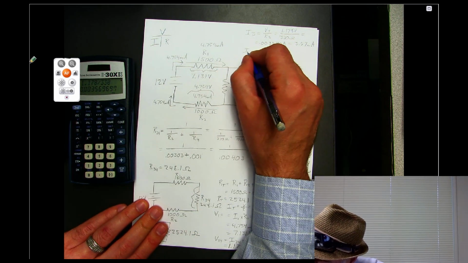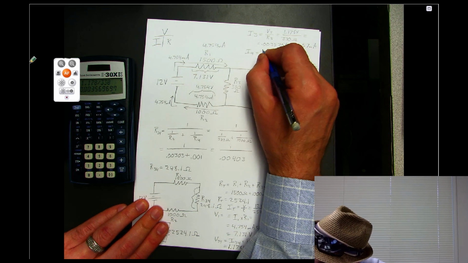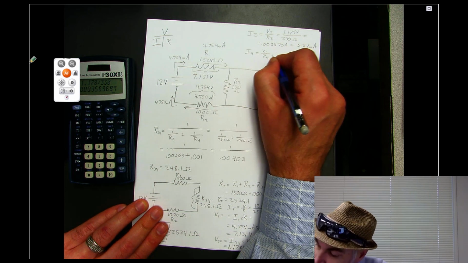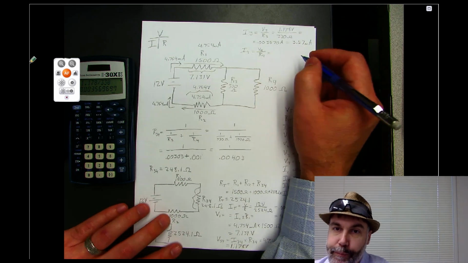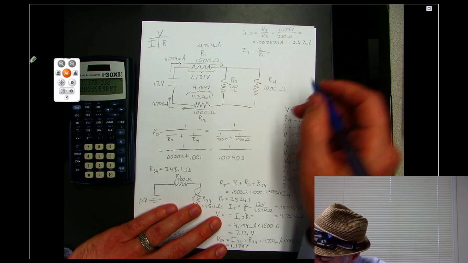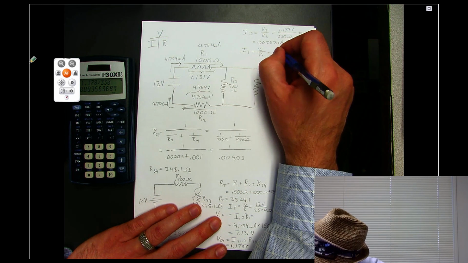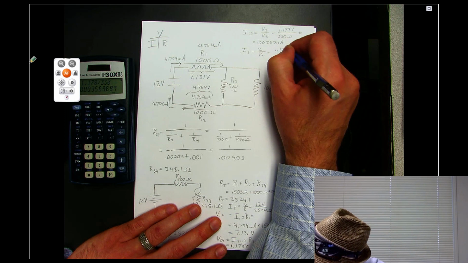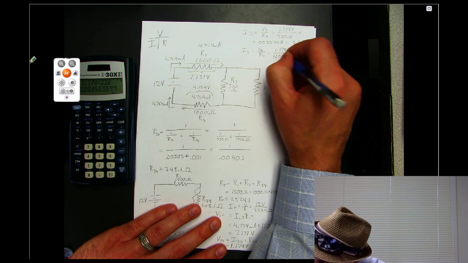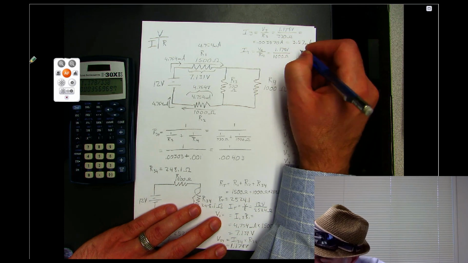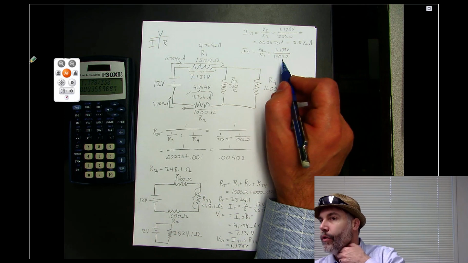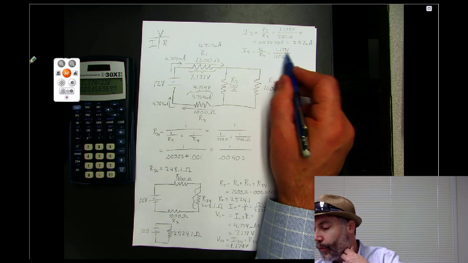So that's I3, and then we can do the same thing for resistor 4. We say I4 equals V4 over R4. That comes out to be the voltage across, 1.178 volts again, divided by 1,000 ohms. When you have a voltage divided by 1,000 ohms, the current just comes out to be the voltage in milliamps.